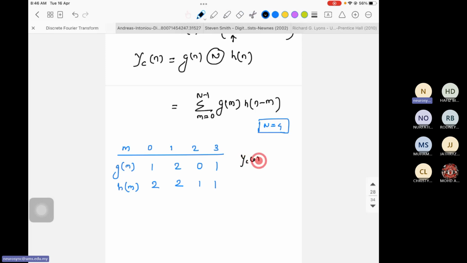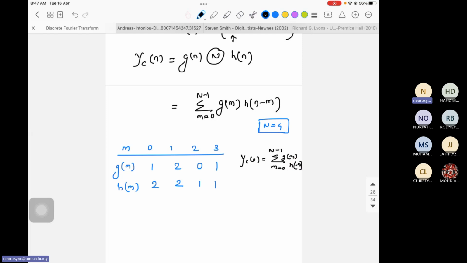Yc of 0, so you need to put n equal to 0 here. So that is equal to summation over m equal to 0 to n minus 1 of g of m into h of minus m. Correct?